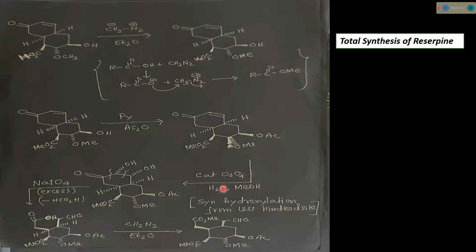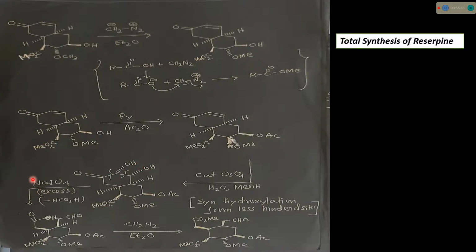That's why syn hydroxylation occurs from below the double bond, the same as the hydrogen stereochemistry. So the syn hydroxylation will occur the same as the stereochemistry of the hydrogen attached in the bridge. So we will get syn hydroxylation.